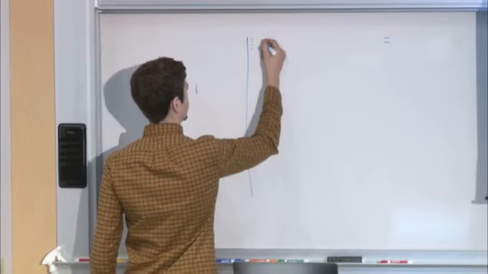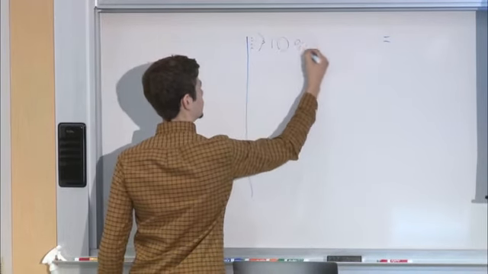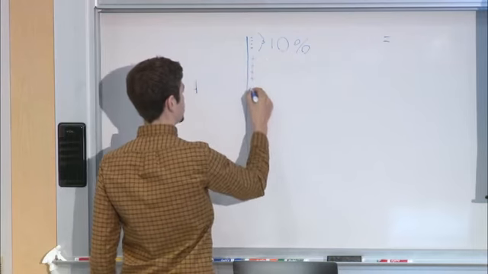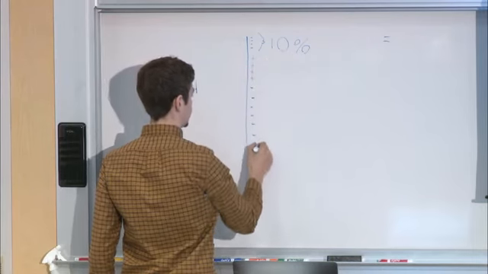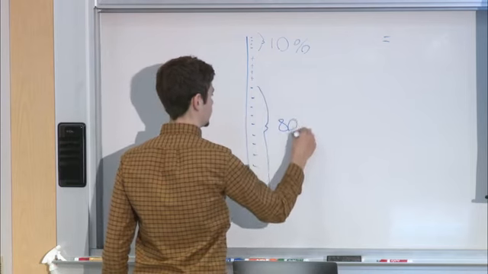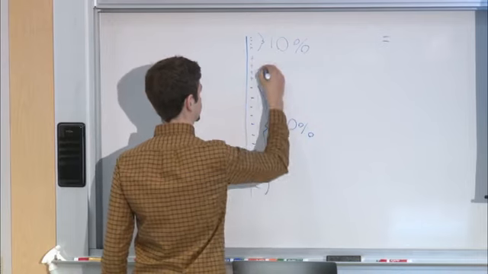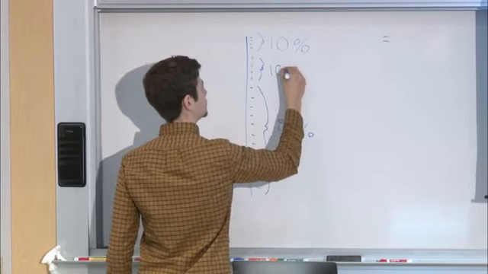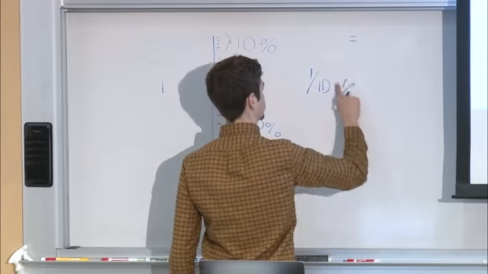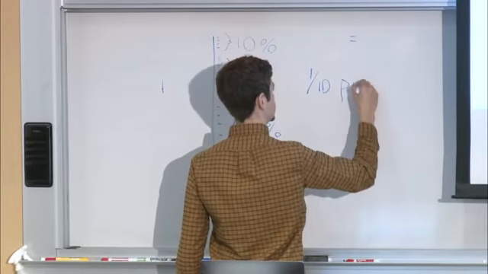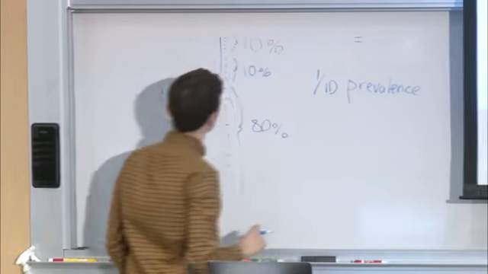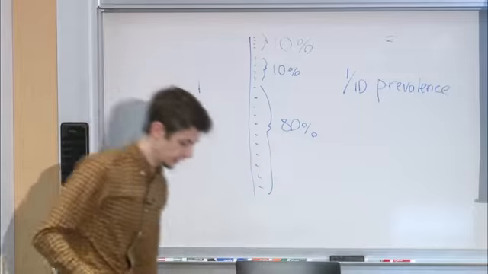So you've got 10% negatives, and then you have all your positives, and then you have your remaining negatives all down here. So this is 80%, and this is your 10%, which is basically 1 out of 10, the prevalence. And this is a useless classifier.